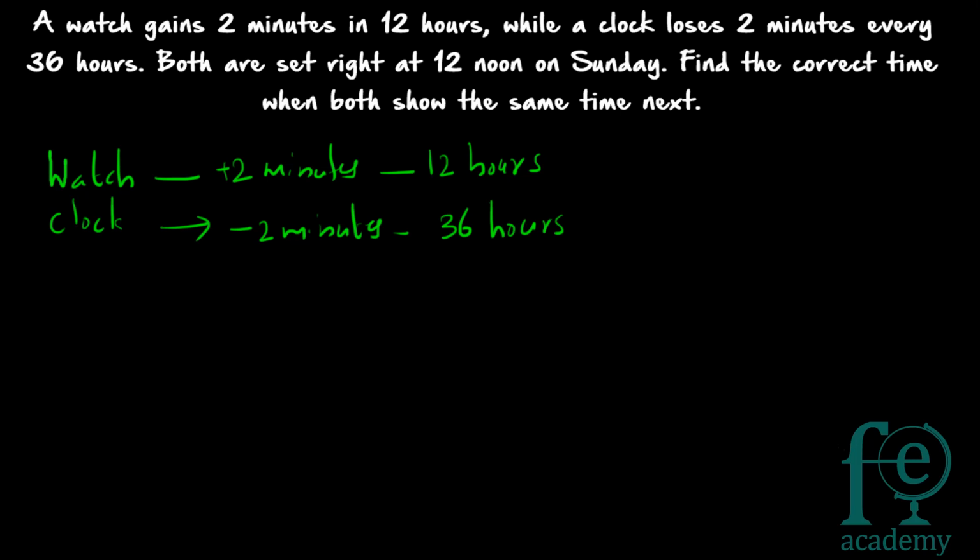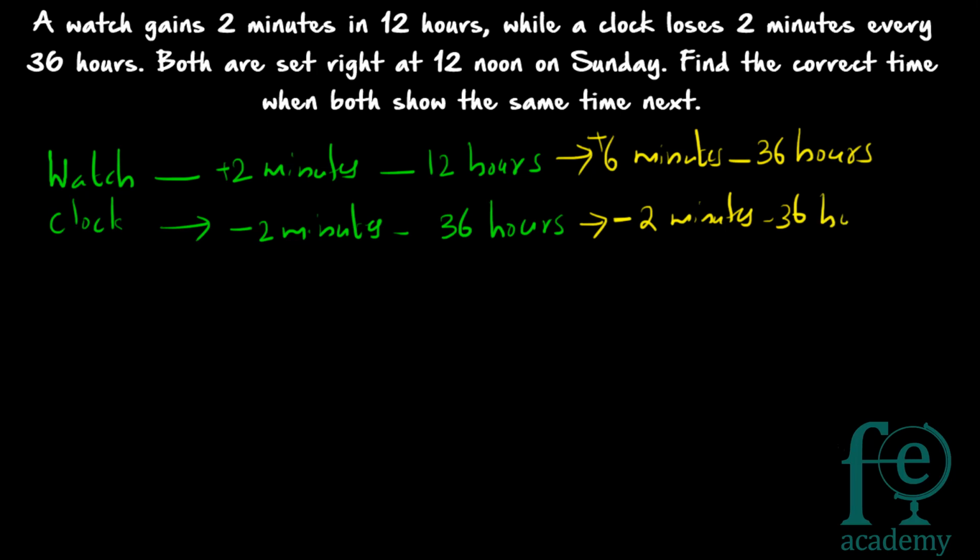For easy comparison, the watch gains 2 minutes in 12 hours. That means in 36 hours, how many minutes? 12 into 3 is equal to 36, so 2 into 3 is equal to 6 minutes. So the watch will be gaining 6 minutes in 36 hours and the clock will be losing 2 minutes in 36 hours.